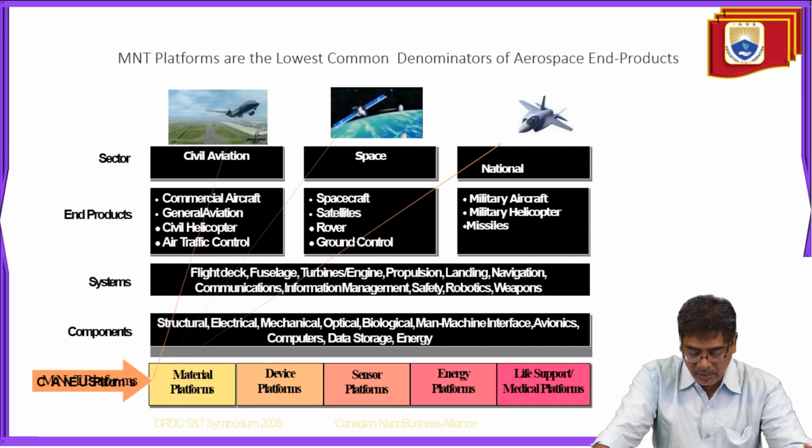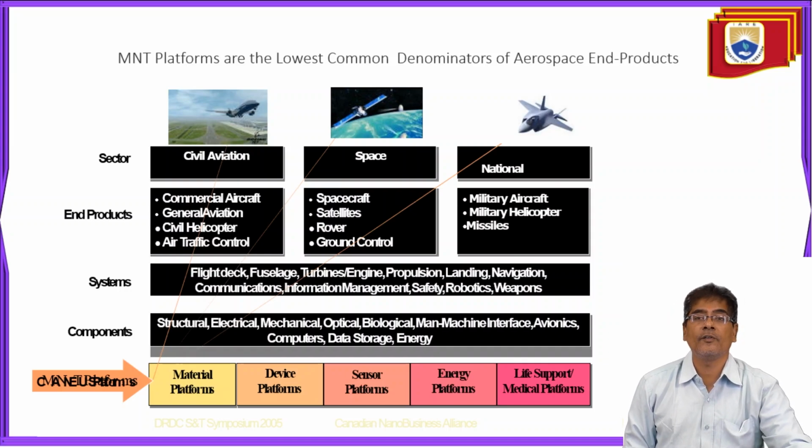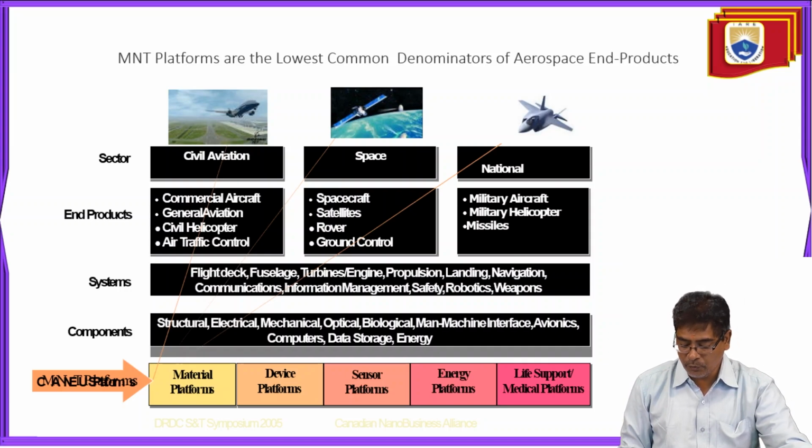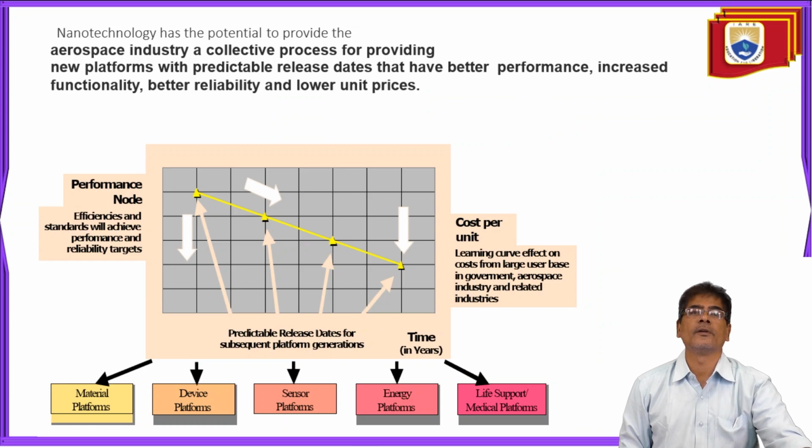And we have material platforms, device platforms, sensor platforms, energy platforms, and life support or medical platforms. So these are platforms, the lowest common denominators of aerospace applications and products.